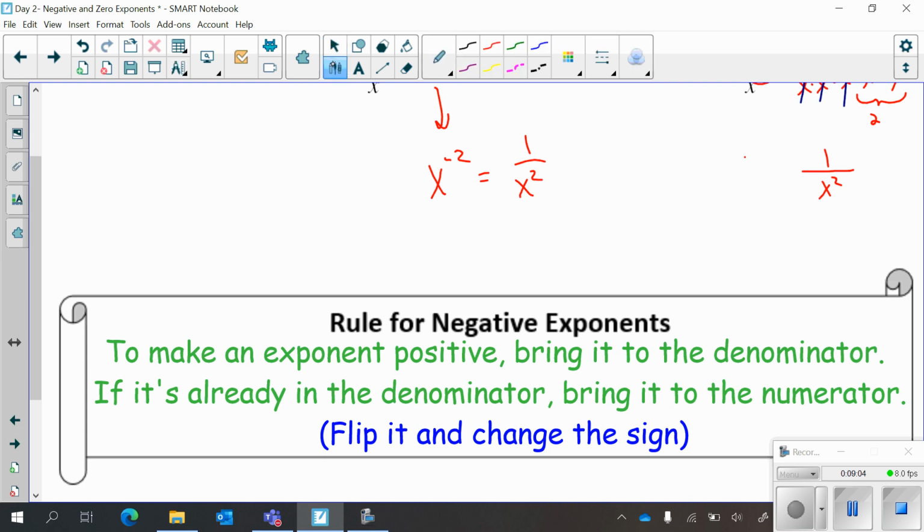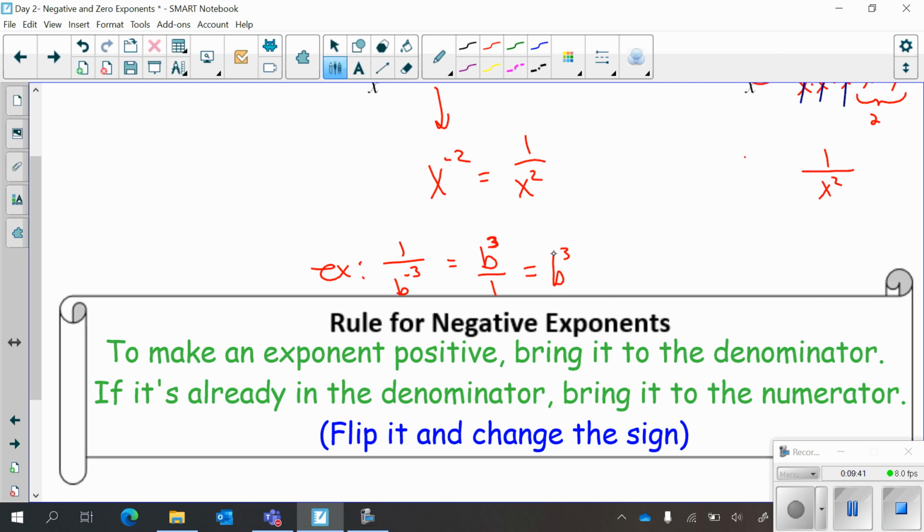So as a separate example, if we were to have 1 over b to the negative 3 power, your b is already in the denominator, so we are going to bring it to the numerator, and you get b to the positive 3rd power. But anything divided by 1 is just itself. You don't need the denominator of 1.